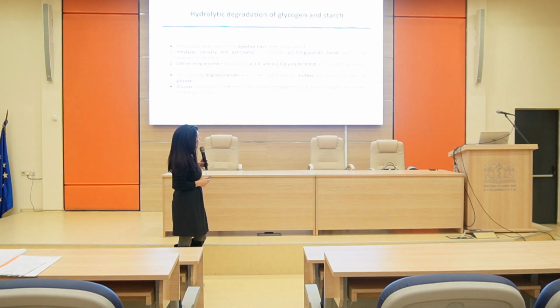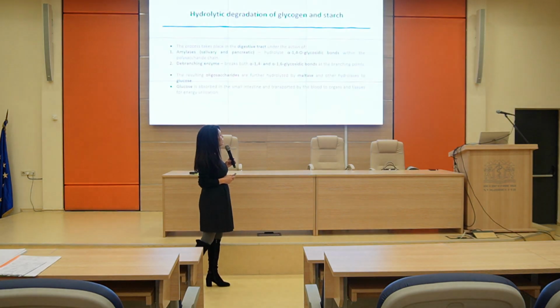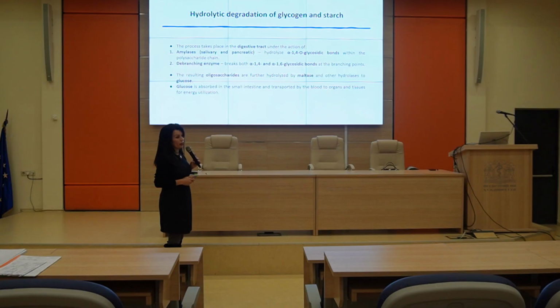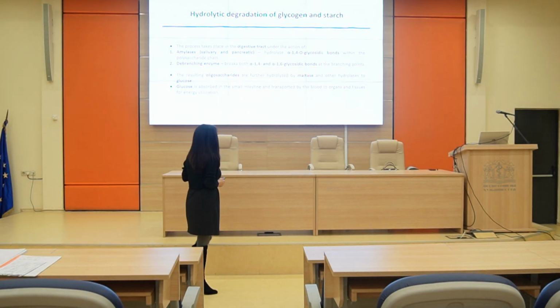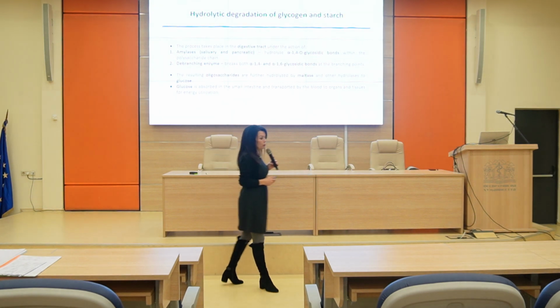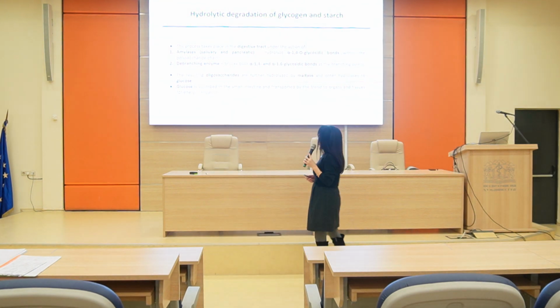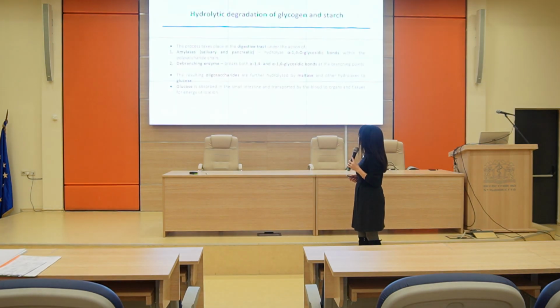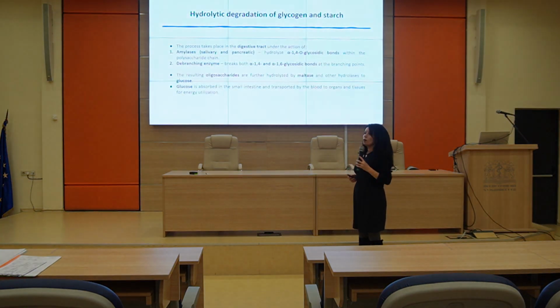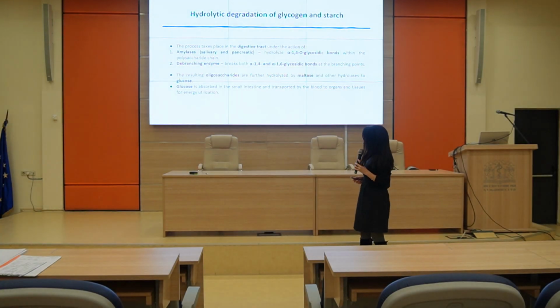They hydrolyze alpha-1,4 glycosidic bonds within the polysaccharide chain, and the second enzyme used is the so-called debranching enzyme. The debranching enzyme is used for the degradation of both alpha-1,4 and alpha-1,6 glycosidic bonds at the branching point.